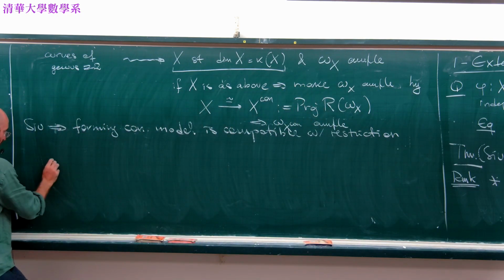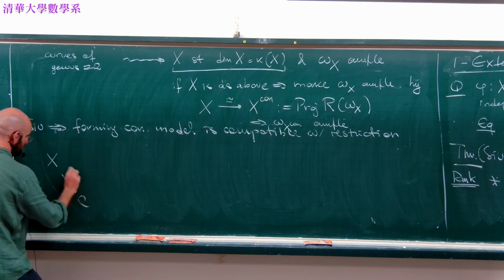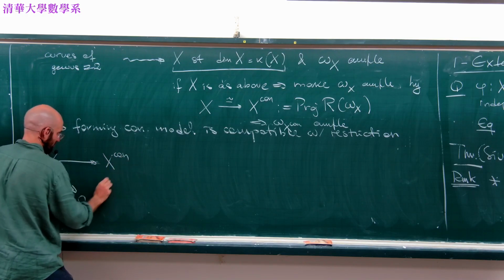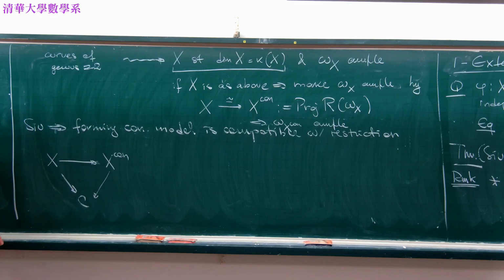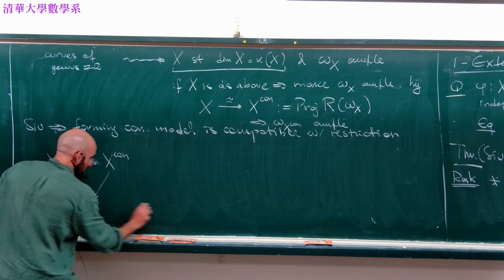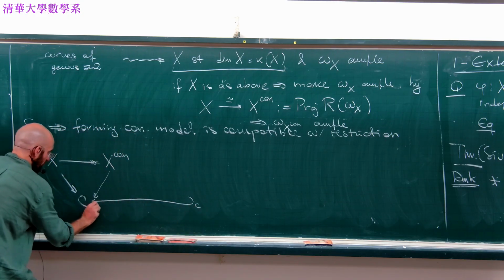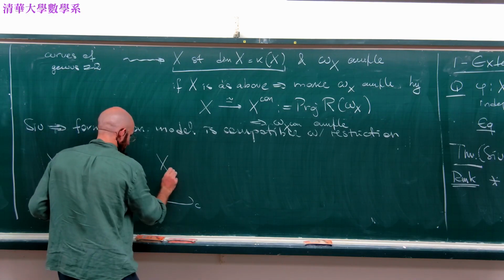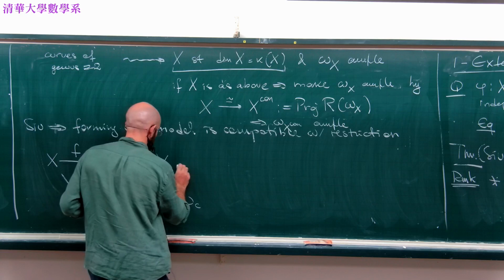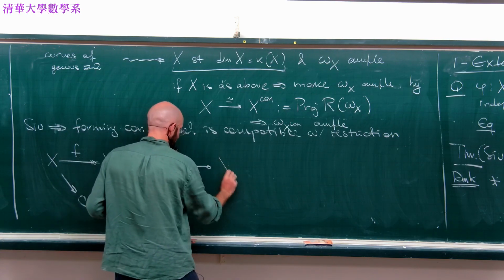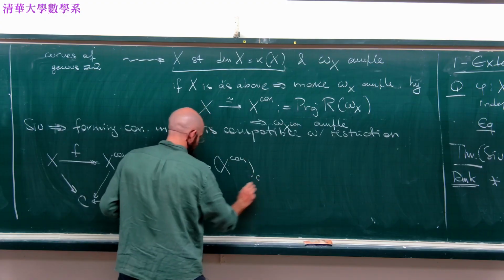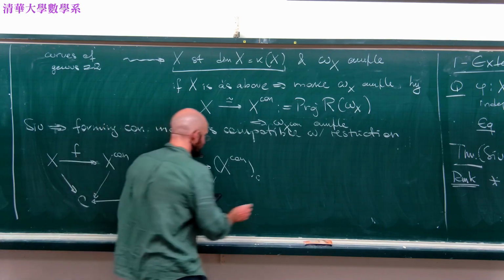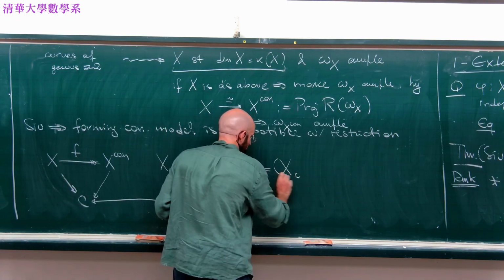I mean that if I have a family of varieties X over C, then I can form my canonical model X_can over the base, okay? And then I can look at a closed point inside my curve C and do the base change of this diagram. So I have X_c here. Let me call this map f. And then I have X_can, and I take the fiber over c. Siu's theorem is telling me that this fiber here is the canonical model of the fiber.